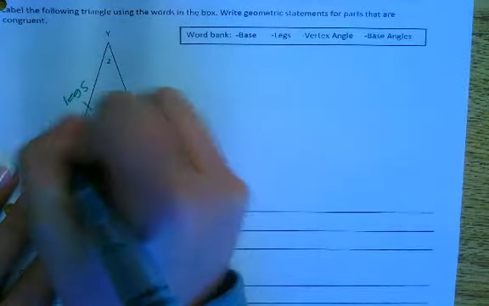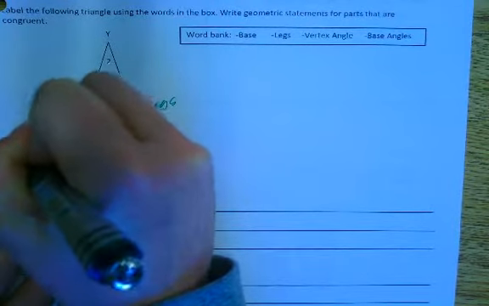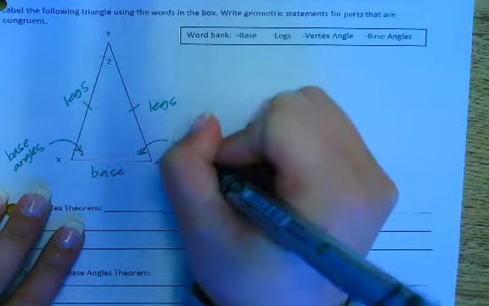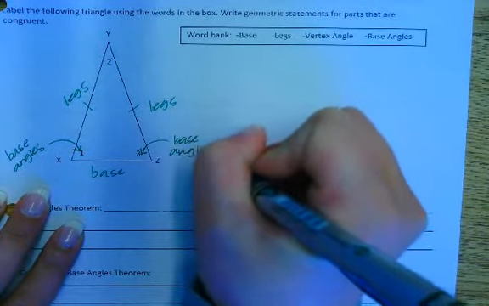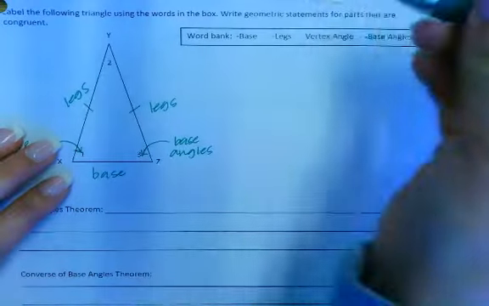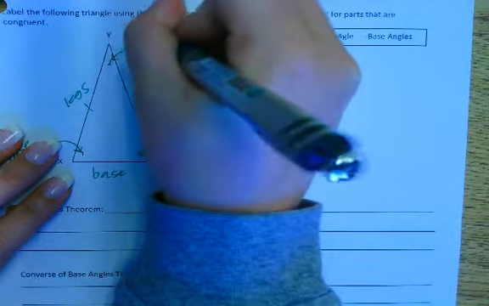The angles that make up the base are called base angles, leaving your last angle at the very top, your vertex angle.